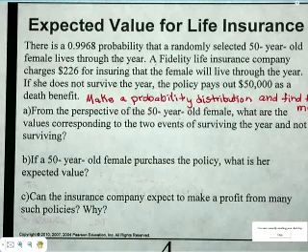Well, they can't make sure she lives, but they can sell her a policy in case she doesn't. That's the insuring with an I. So the company's going to charge $226 for insuring that the female will live through the year. If she does not survive the year, the policy pays $50,000 as a death benefit.